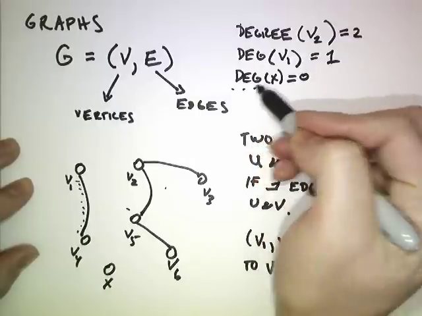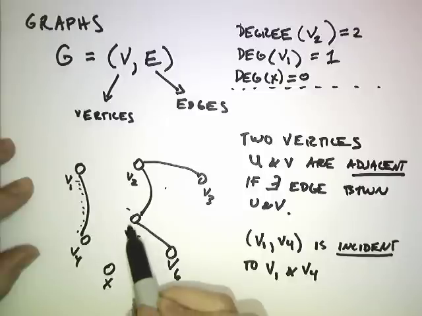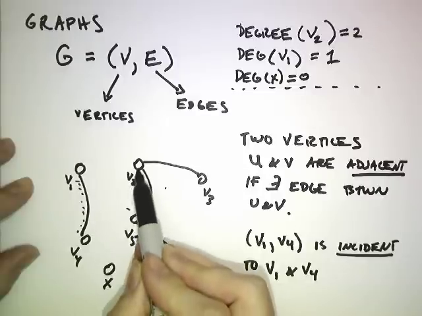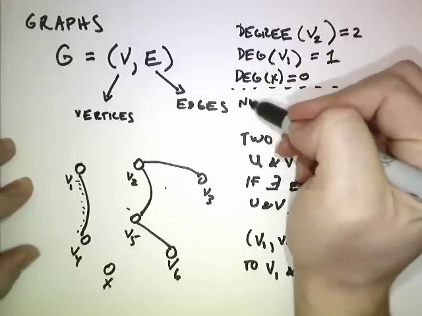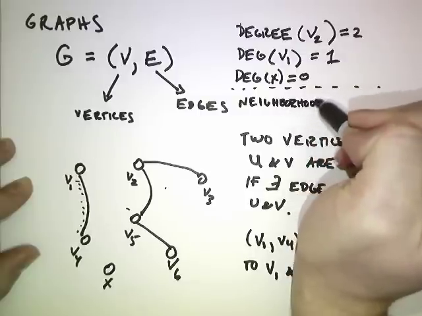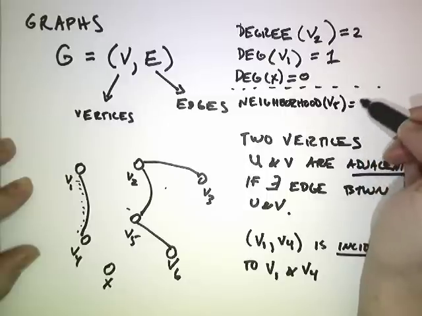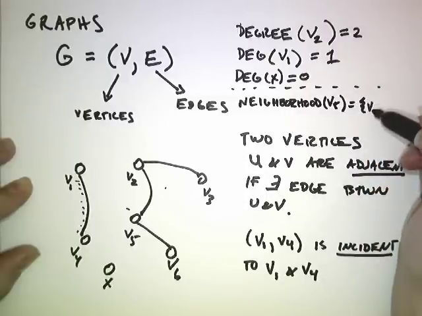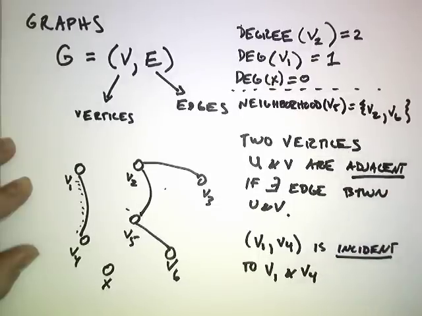And we have another notion called the neighborhood. So the neighborhood of a vertex is all of the vertices that it's connected to. So the neighborhood of, let's say, V5 is V2 and V6. I use these curly braces here. This is actually set notation, but we don't need to know any set theory to do graph theory.